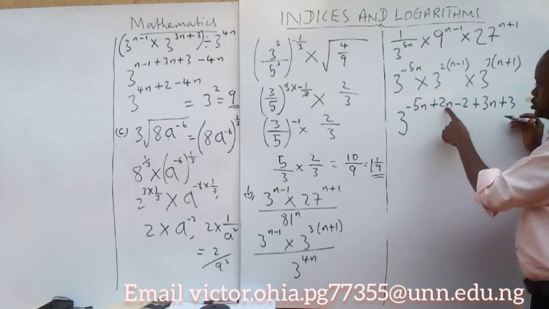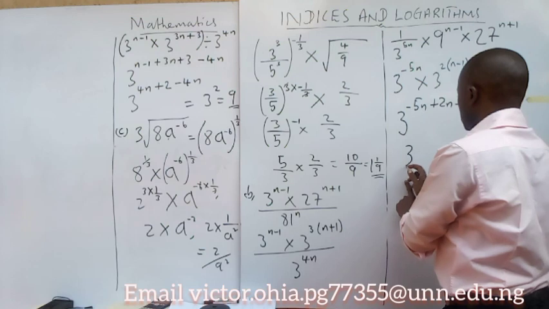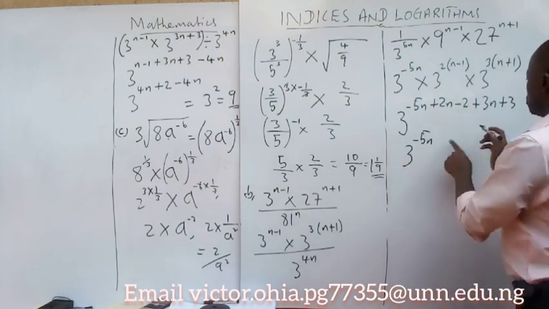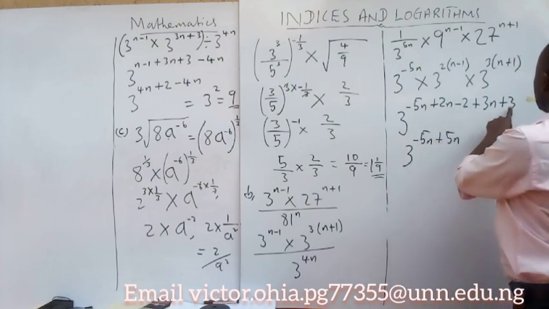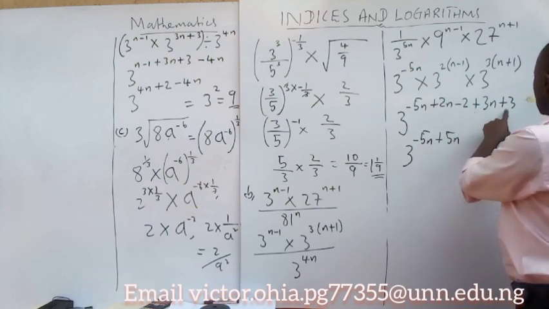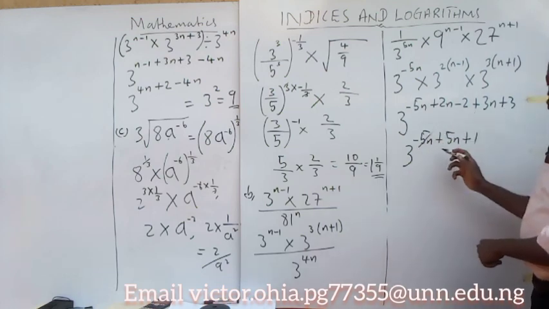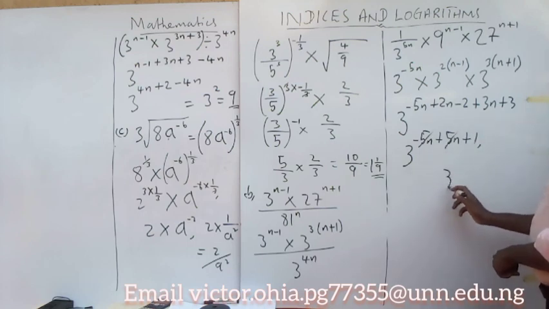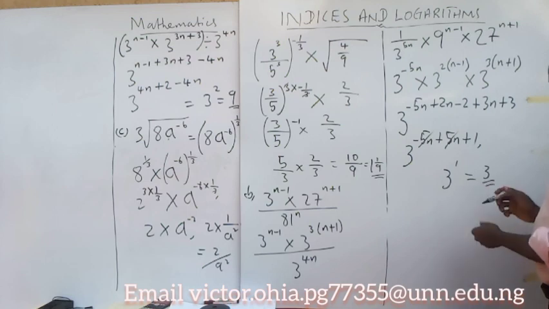Can you see that here 2n plus 3n will give us 5n, and of course when we have 3 to the power minus 5n, this will become plus 5n, and this is minus 2 and 3. Minus 2 and 3 will give us plus 1. All right, you see that this will take away this, and what do we have left? We now have 3 to the power 1 left, and what is it? It is just 3. So I think that is our answer.